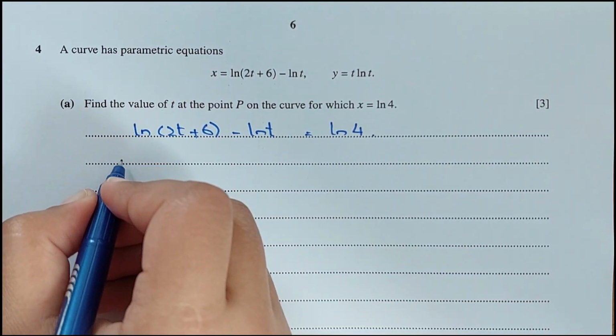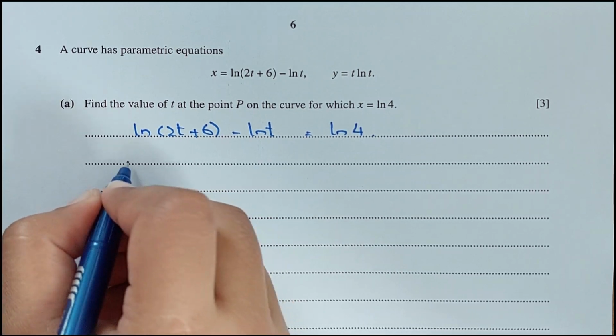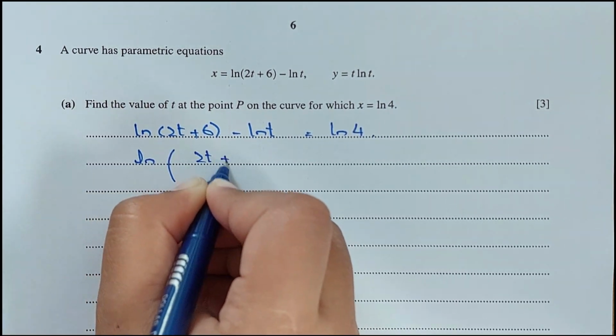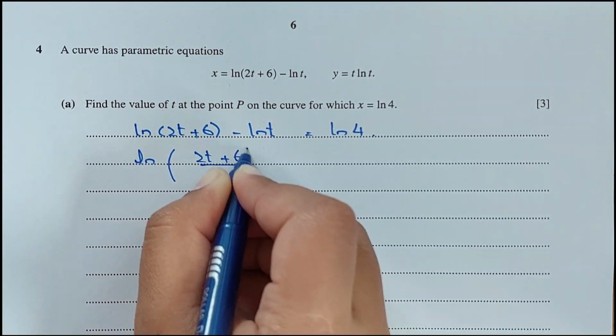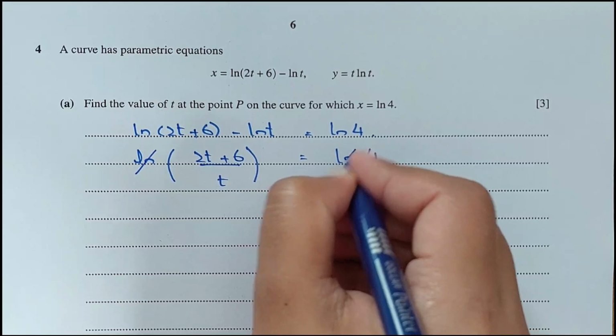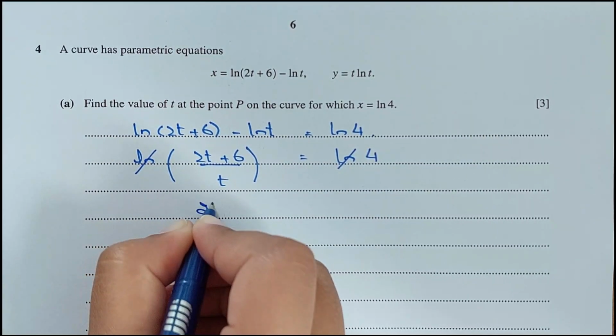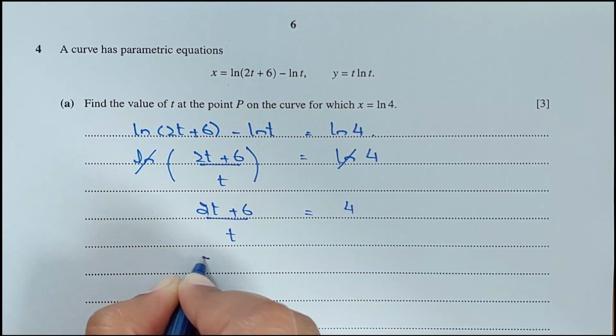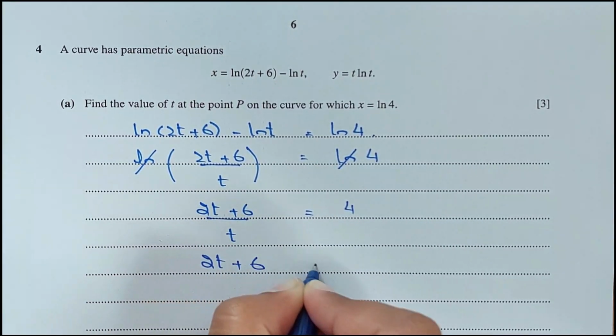Now we can apply the log property: ln of (2t plus 6) divided by t is ln 4. Cancelling ln on both sides, we can say (2t plus 6) divided by t would be 4, and 2t plus 6 equals 4t.